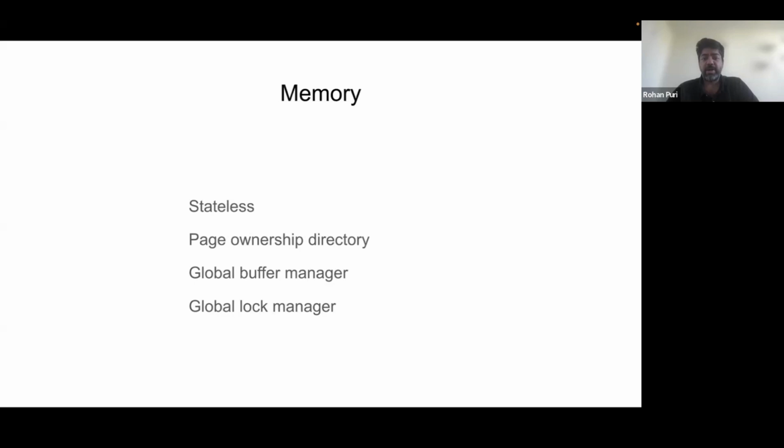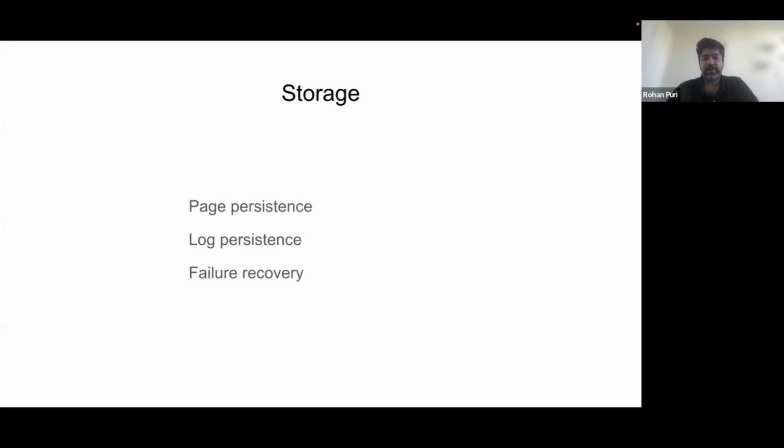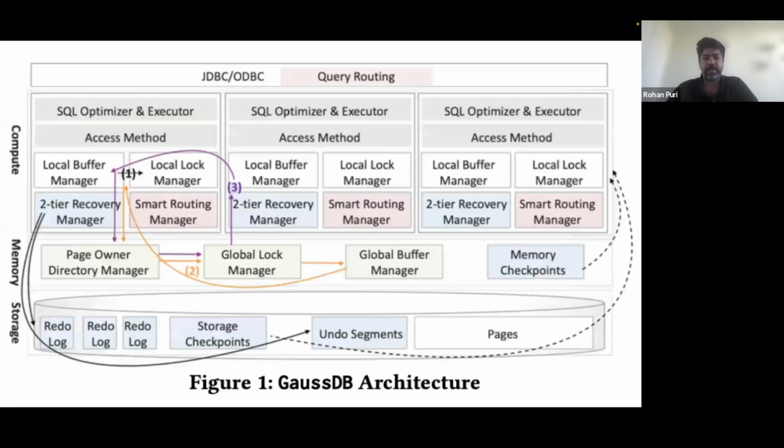It maintains a global state of the page ownership directory, because now the compute nodes own the pages for running transactions on them. It also has a global buffer manager and a global lock manager. Storage keeps log persistence and page persistence, and it also helps in recovery. By the way, they also have memory to help with the recovery as well.